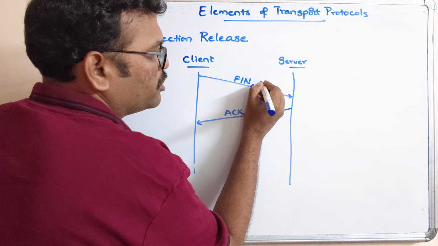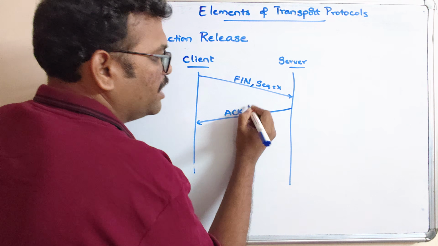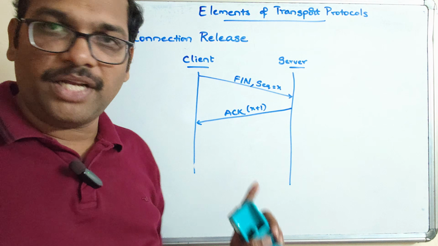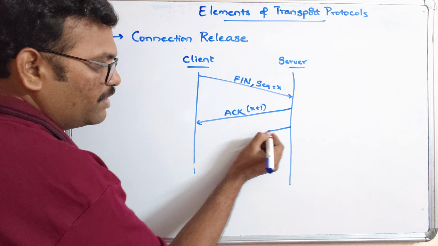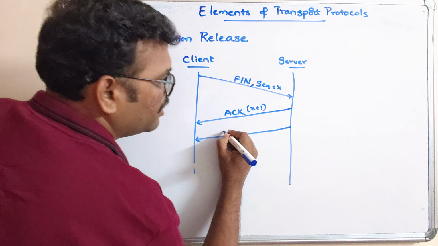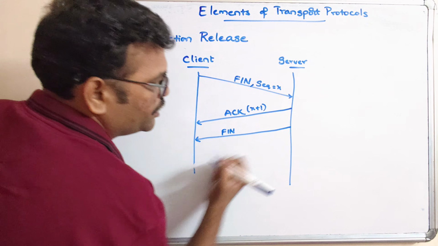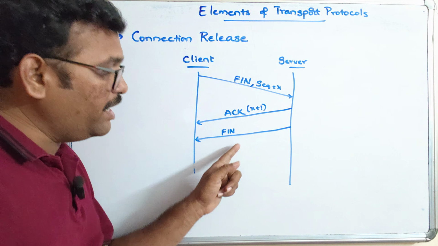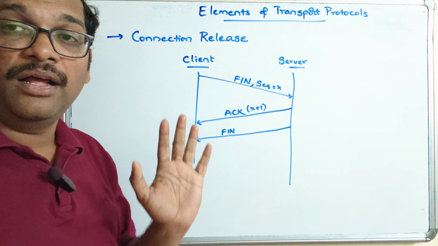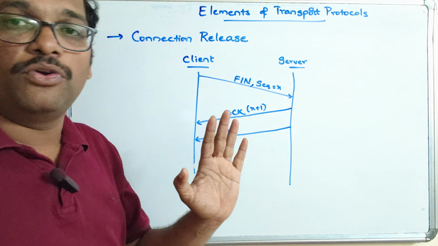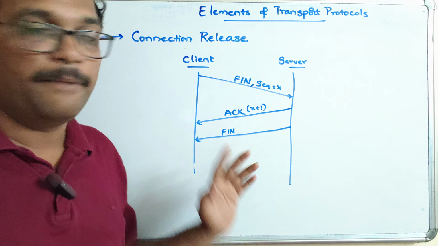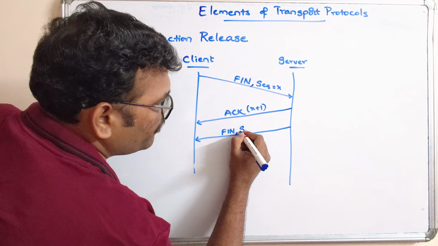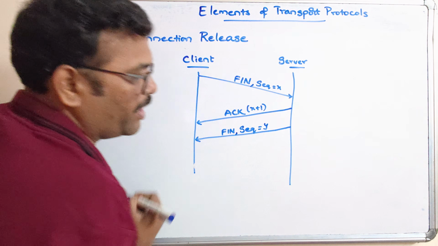So similar here also you can give a sequence number x, acknowledgement with x plus 1. That is done. And once the acknowledgement was done, again the server will send one more message to the client accepting the finish. So this is also finish. Now the server was sending a finish message to the client so that okay, I am not able to receive any more messages from the client, because client first sends the finish message, and here again it may also send the sequence number y.